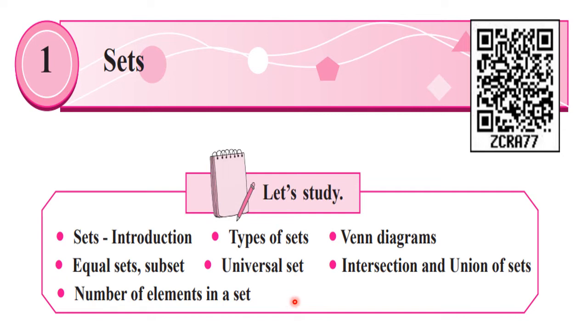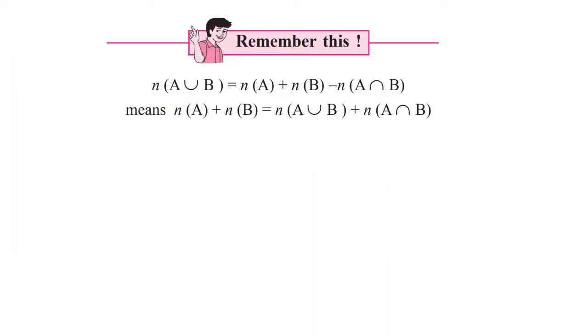With one example, we established that relationship. Let us see what that relationship is once again. Number of elements in a set is denoted like this: n of A means number of elements in set A, n of B means number of elements in set B, n of A union B means number of elements in the union of these two sets, and n of A intersection B means number of elements in the intersection.